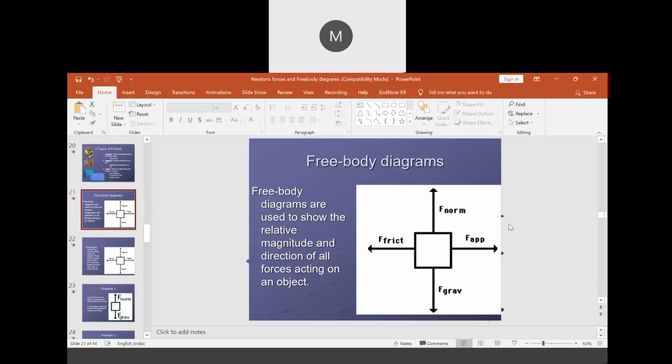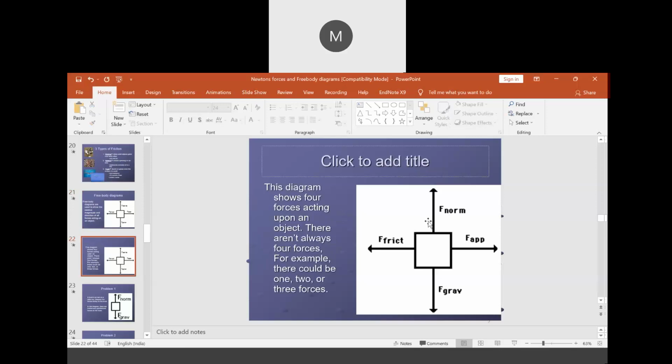The gravitational force is directly acting from the center point, downwards. And in the opposite direction to the gravitational force, the normal force acts.